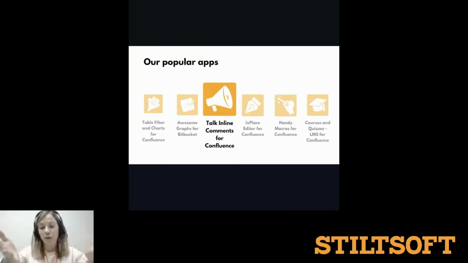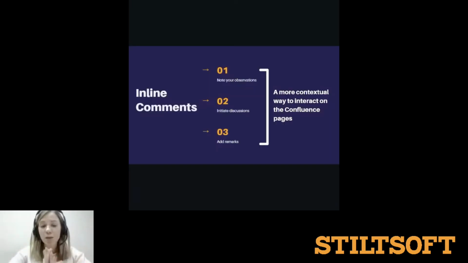Just a little bit of context. Inline comments, as you probably know, serve as a tool for noting your observations, for initiating discussions, for adding remarks. In general, it's a more contextual way to interact on Confluence pages.